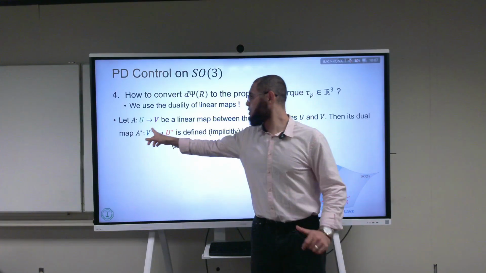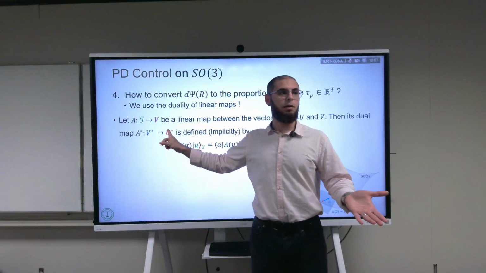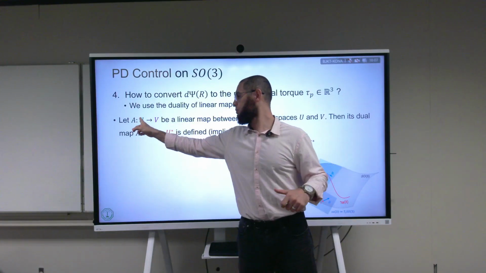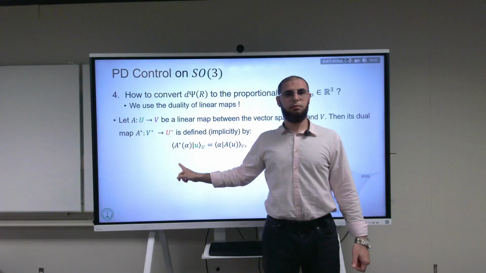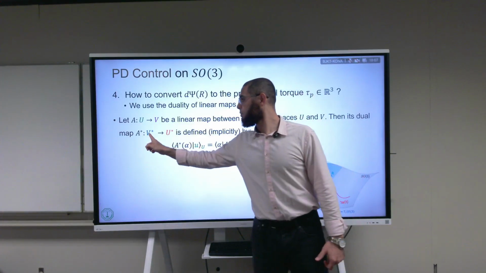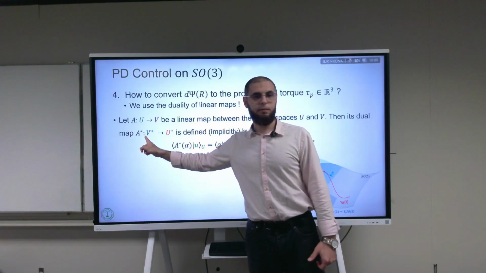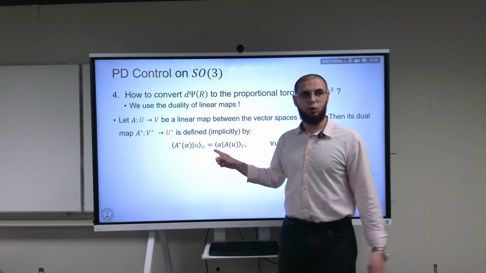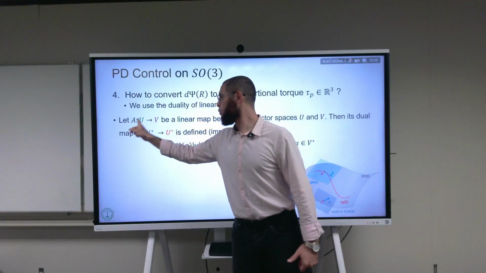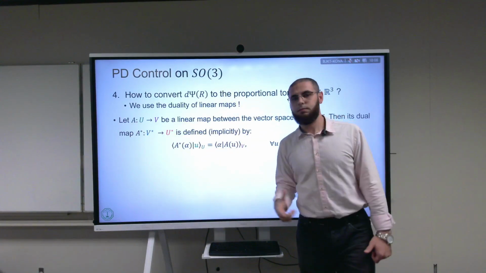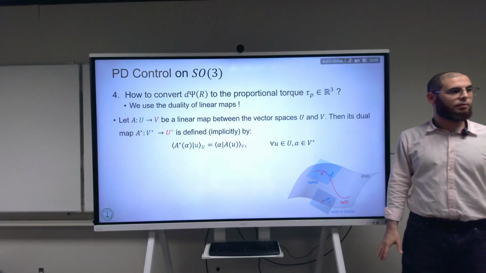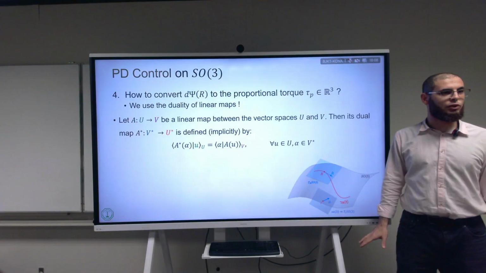And a covector in U star can always eat a vector in U. This is equivalent to alpha itself, which was a covector in V star, acting on A of U, because A of U will give me a vector in V. Take a look at this expression and make sure that you understand it. If not, I'll repeat it. Take a moment to digest.